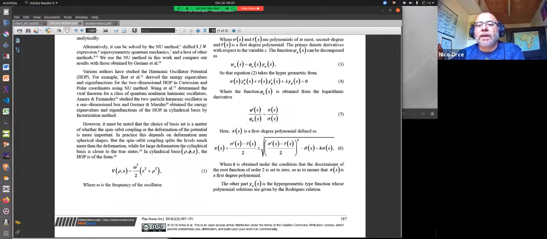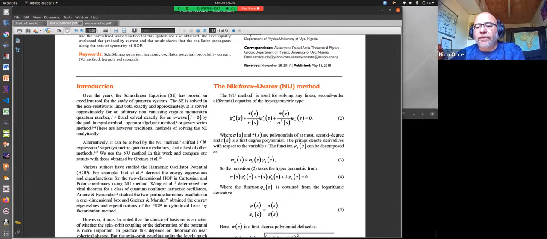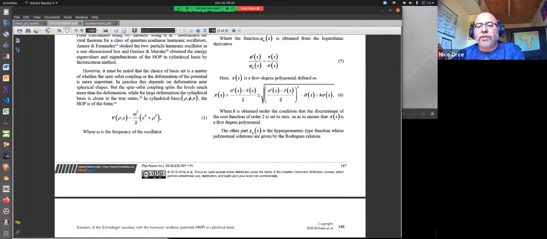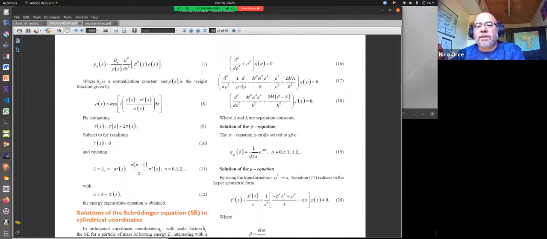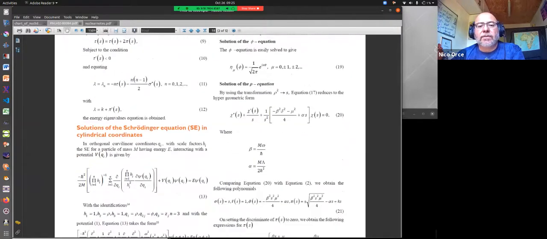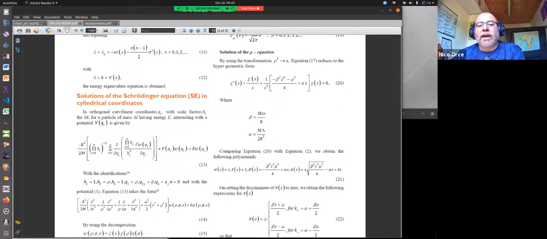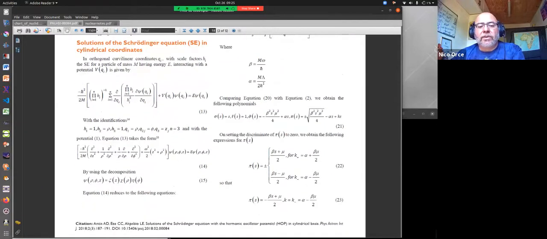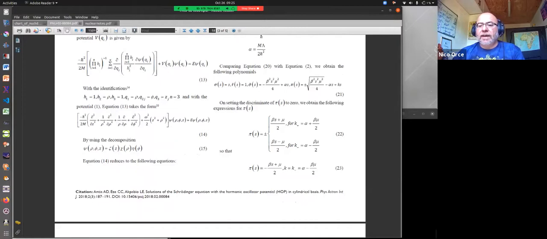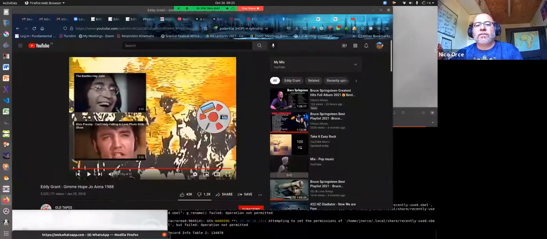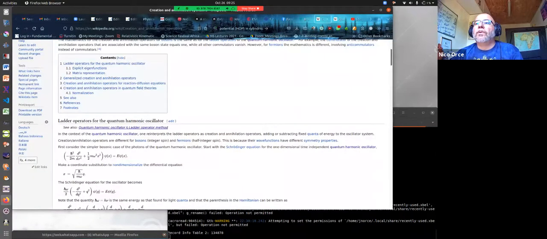We use the Nikiforov-Uvarov method to solve this problem, and we have to solve these big differential equations. They are using cylindrical coordinates, but they have to solve the problem by power series.